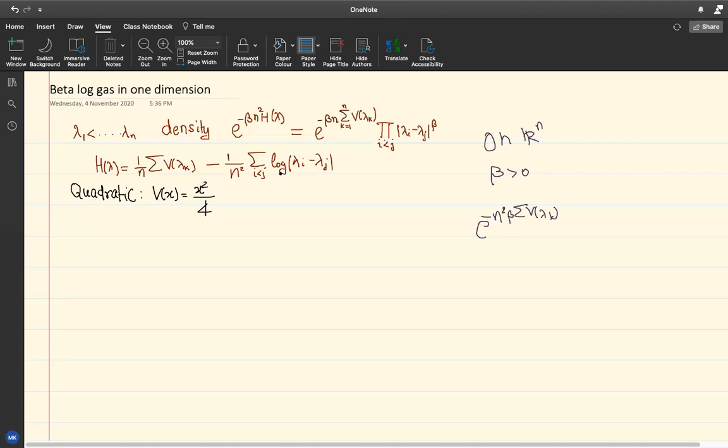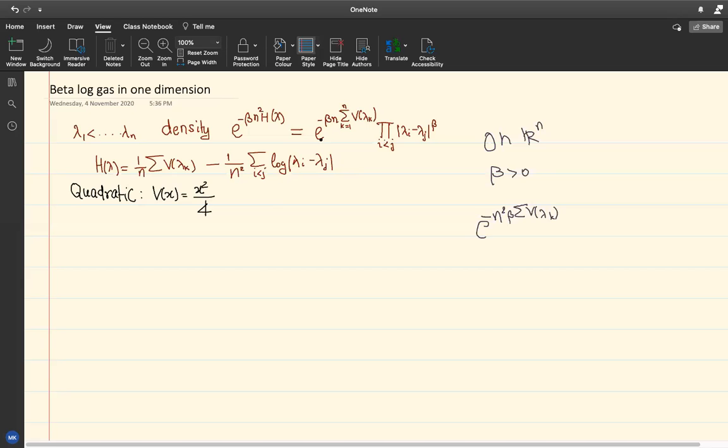When lambda i and lambda j are very close, the logarithm goes to negative infinity, and because there is a minus sign, the energy goes up. The way the probability density is defined, lower energy configurations are preferred. So when lambda 1 and lambda 2, say, come very close, the energy goes up, which makes it unlikely. This second term introduces repulsion.